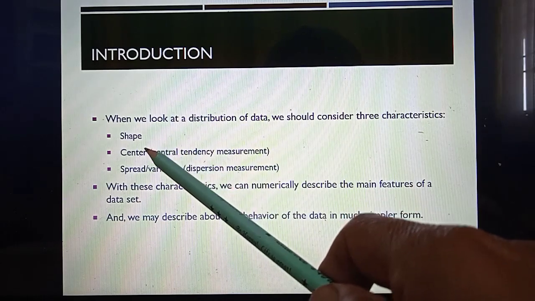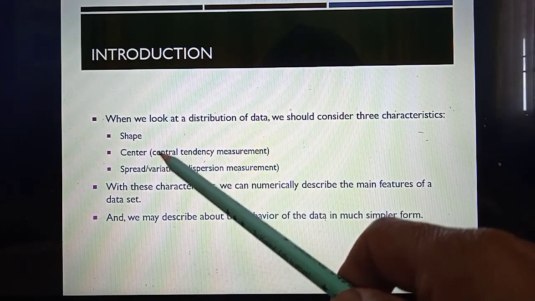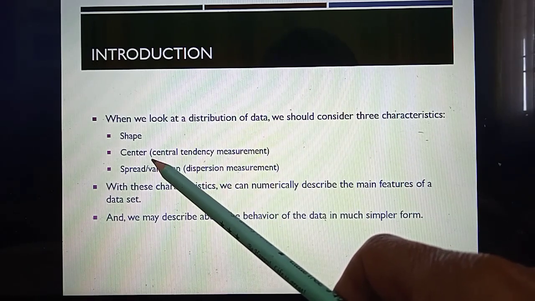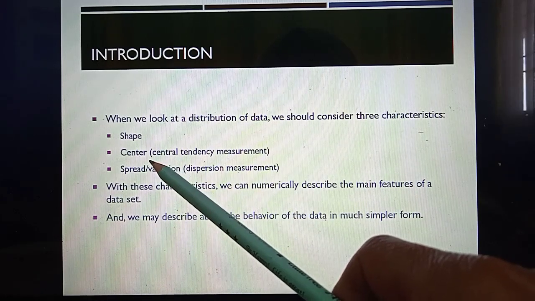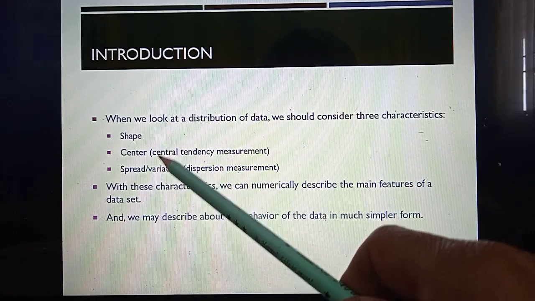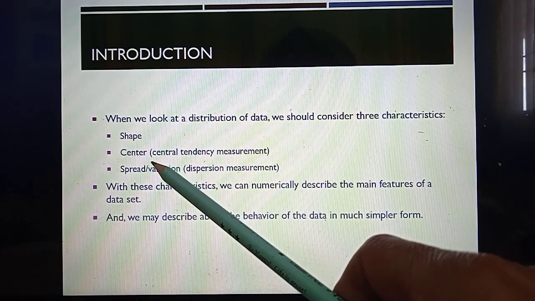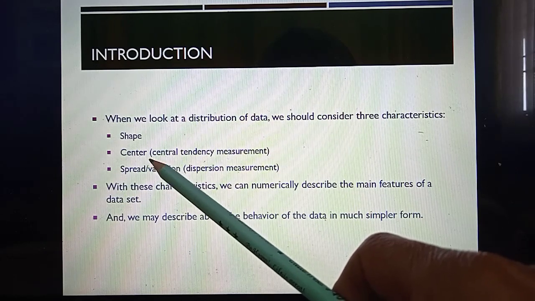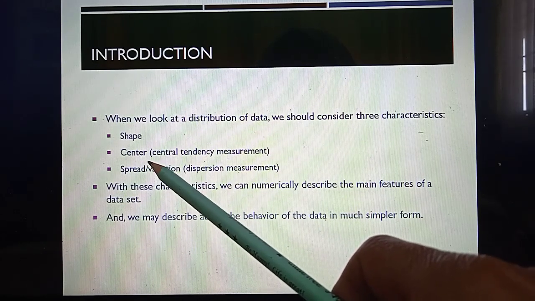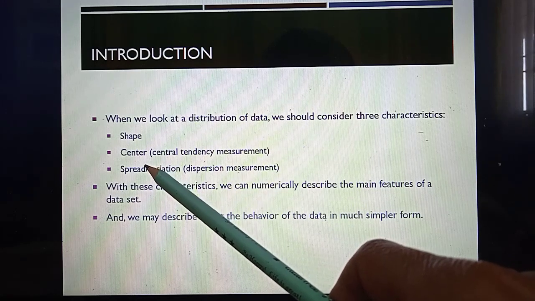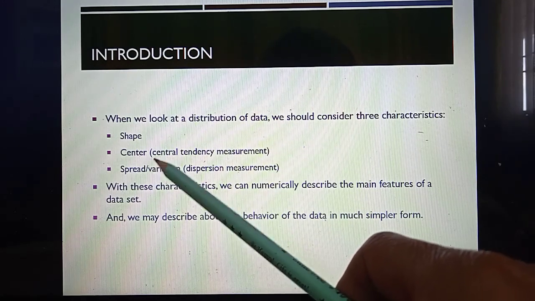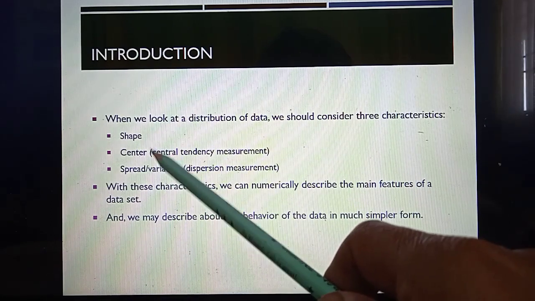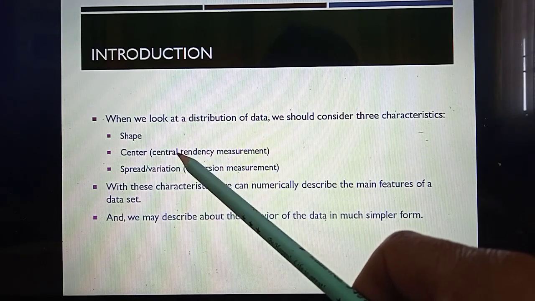First, look at the shape of the data distribution, and we will look at the center, meaning which value the data is focused on. Most data will approach a certain value. So that will be the center of the distribution.